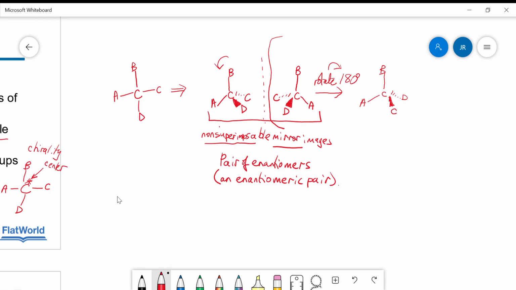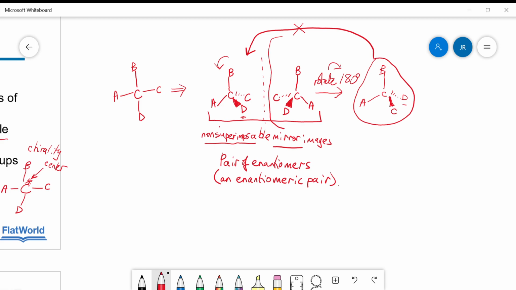Well, this chemical, my effort to reproduce the original, clearly if I compare that with this, they're not the same. They're not the same because here the D is a wedge and here the D is a dash. So again, it's impossible to recreate the original, so they're non-superimposable.